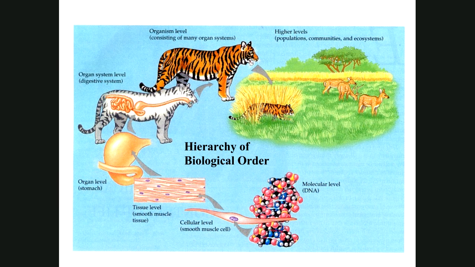That tiger has none of the same chemical and physical properties as oxygen, carbon, and hydrogen that make it up. It is a combination. It's more complex. Its chemical and physical properties are its own. They're not anywhere like the individual atoms that have made it up. So that's emergent properties.